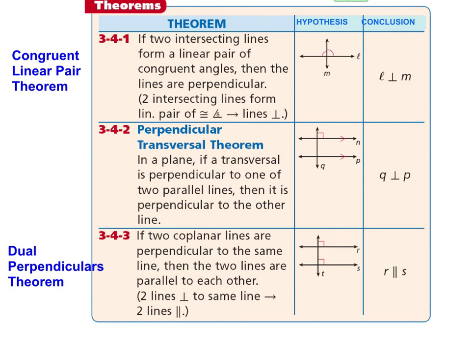In this theorem, they're saying they're also congruent, which means they're the same. So if they're the same and they add up to 180, how big would they be? They'd be 90 and 90, which means they're right angles.